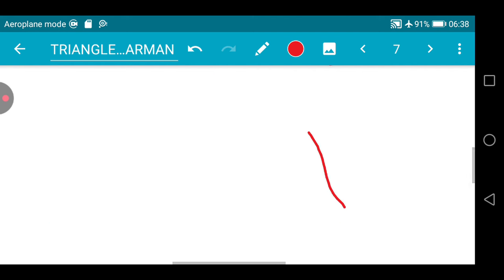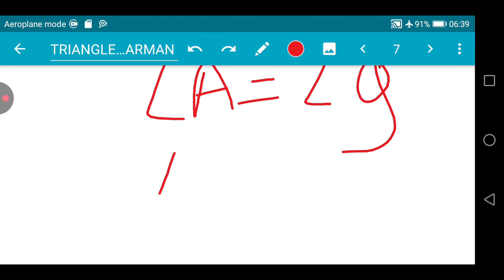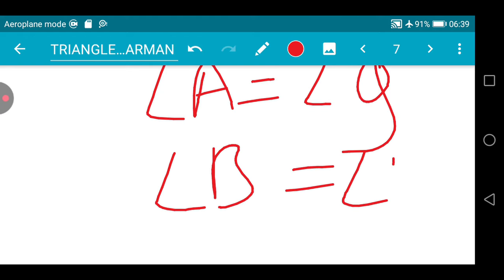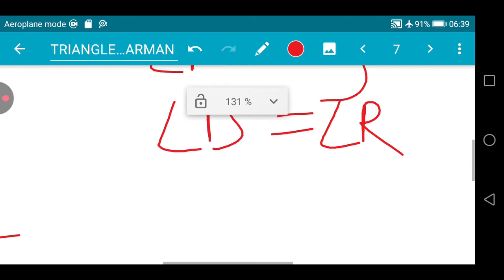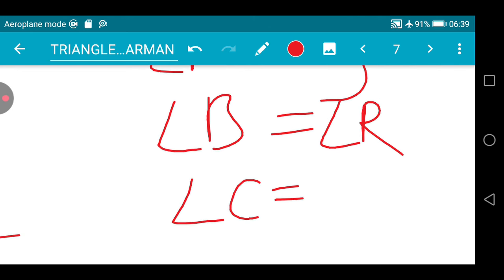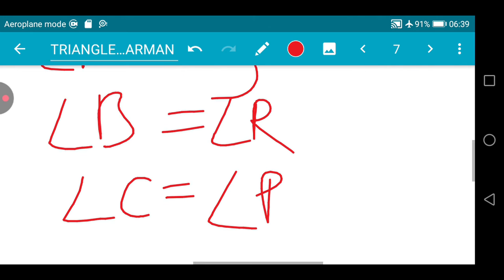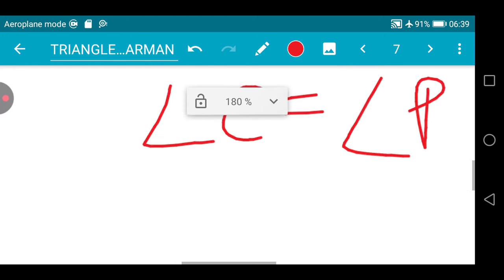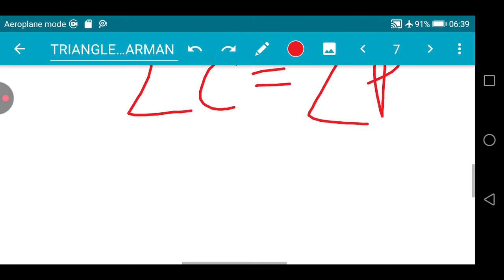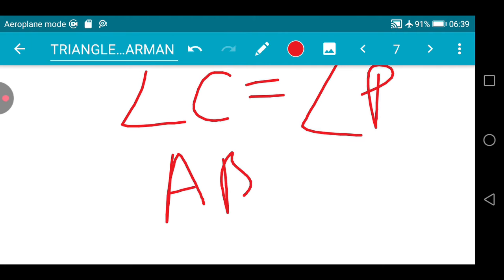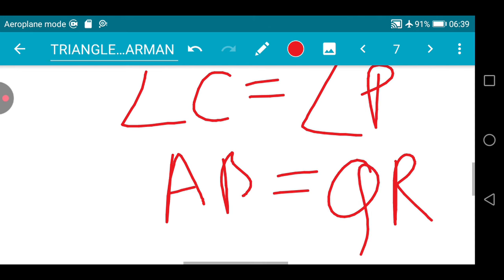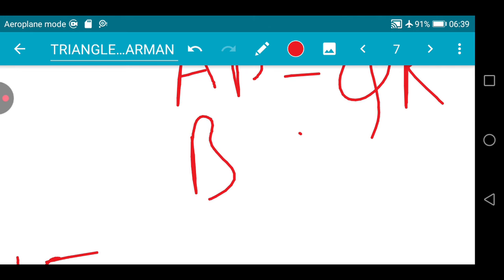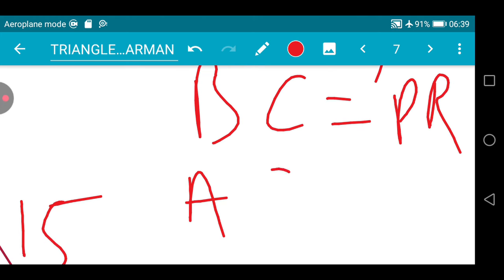Angle B equal to angle R. So angle C will be equal to angle P. And in sides, AB equal to QR, and BC equal to PR. So AC will be equal to PQ.